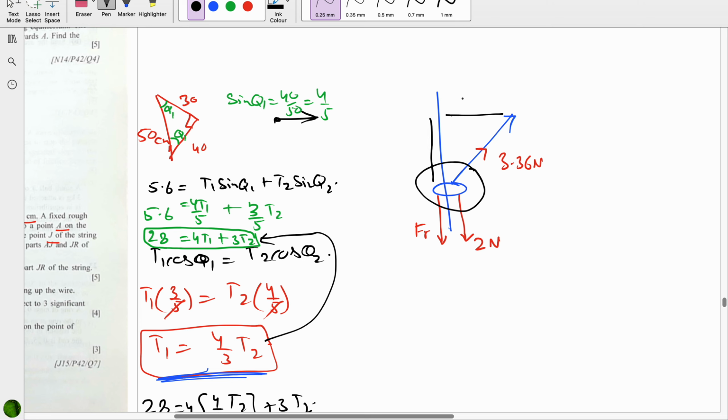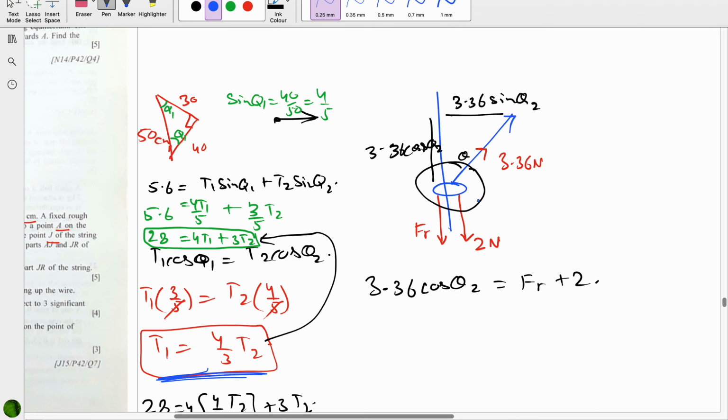Horizontally, vertically, this was 3.36 sine of theta 2, and this is 3.36 cos of theta 2. So upwards equals downwards. The only upward force is 3.36 cos of theta 2, and there are two downward forces, which is Fr plus 2.